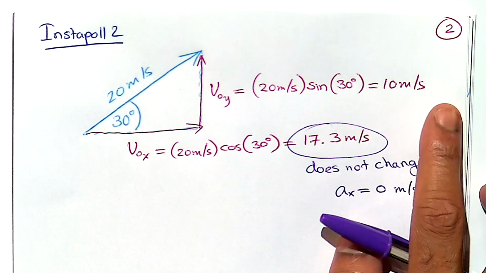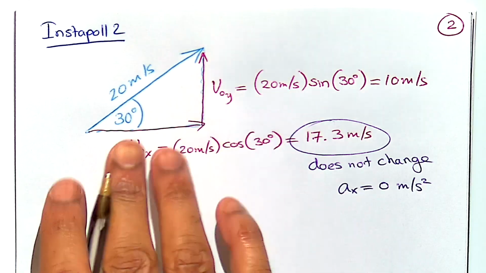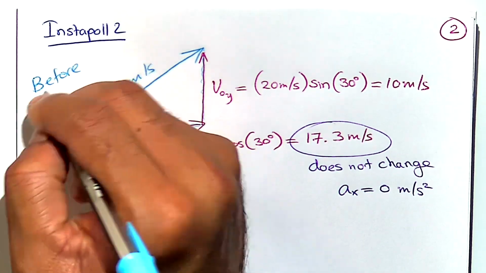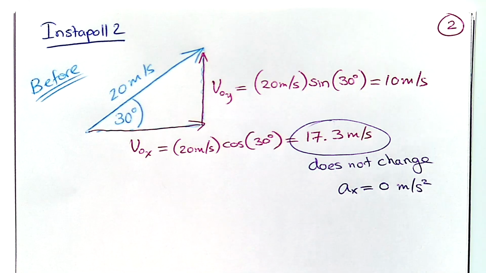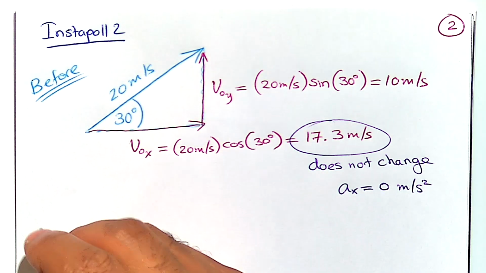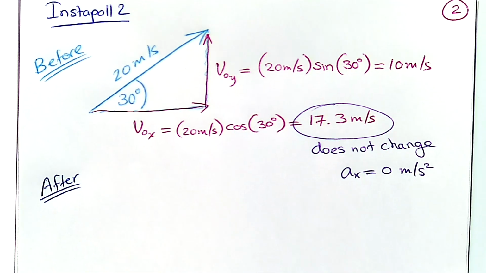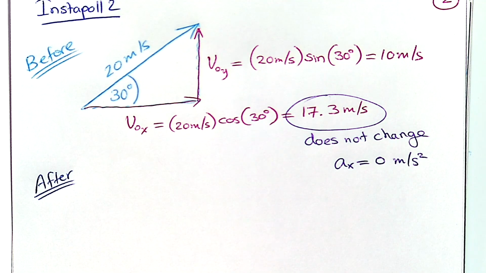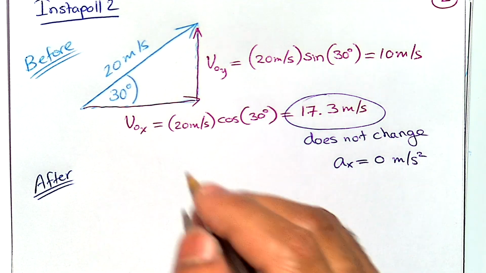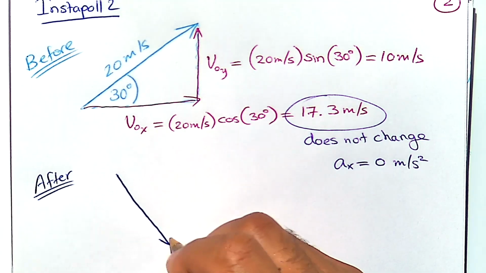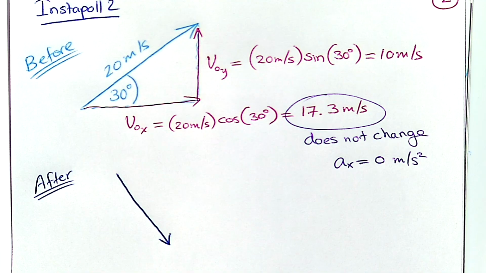Only the y component is changing. So this is the before, at the beginning of all this. And then let's contrast that to the after, just before it falls to the ground, when it strikes the ground. What does the velocity look like? Well, it would be pointing downward like this, just imagine which way the stone would be traveling.